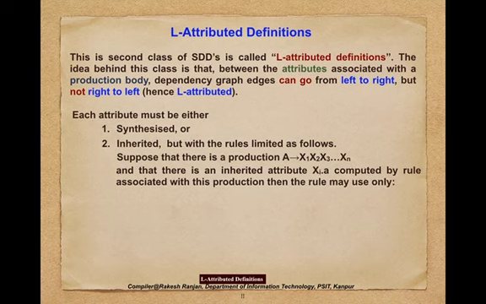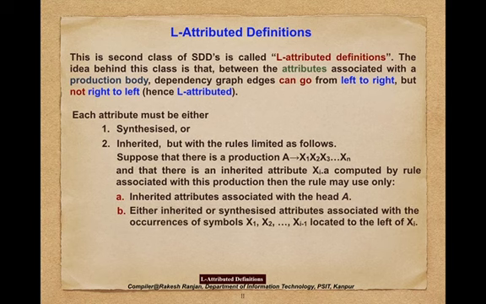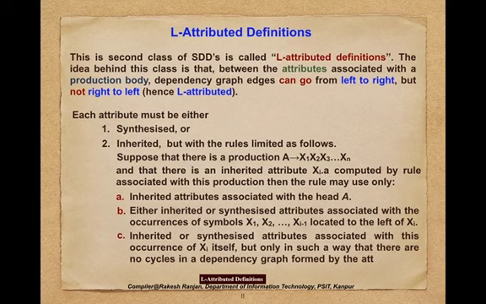Suppose there is a production A → X1 X2 ... Xn and there is an inherited attribute Xi.a computed by a rule associated with this production. The rule may use only inherited attributes associated with the head A, either inherited or synthesized attributes associated with occurrences of the symbols X1, X2, ..., Xi-1 located to the left of Xi, and inherited or synthesized attributes associated with the occurrence of Xi itself.